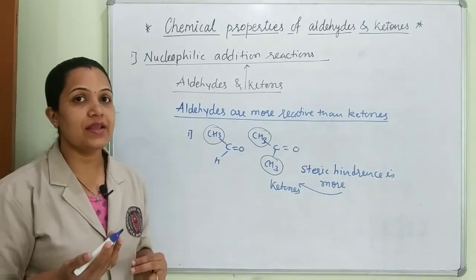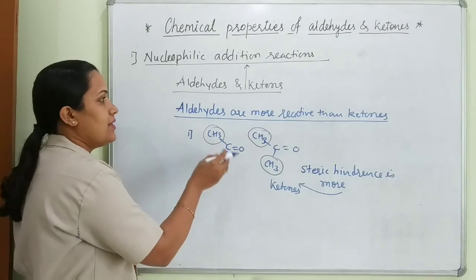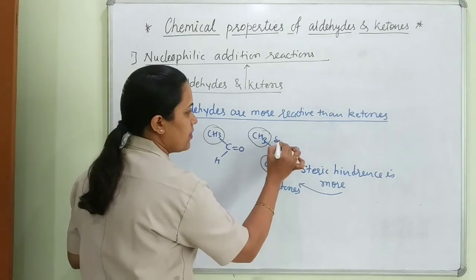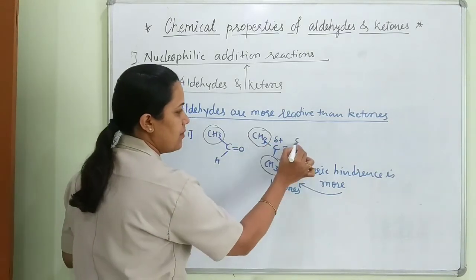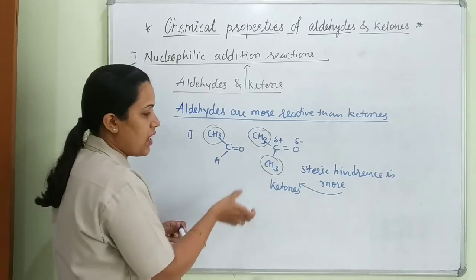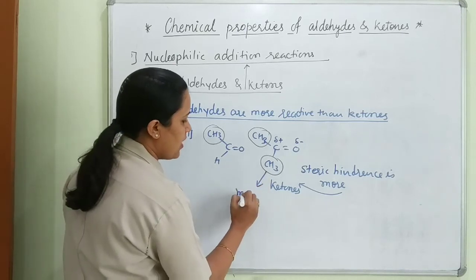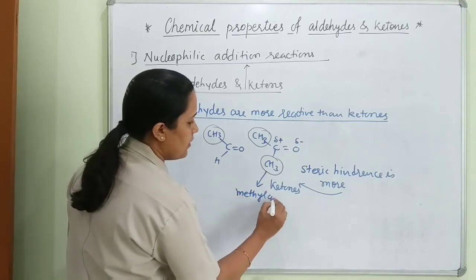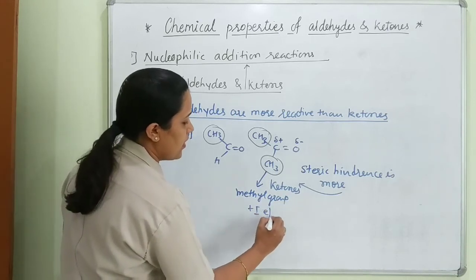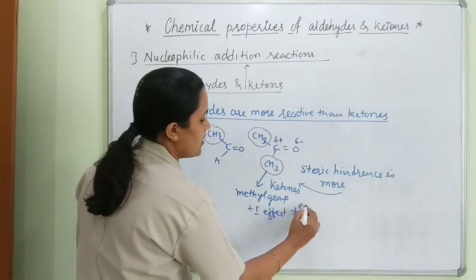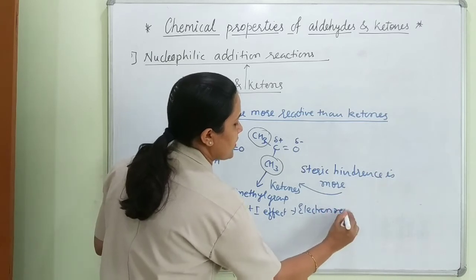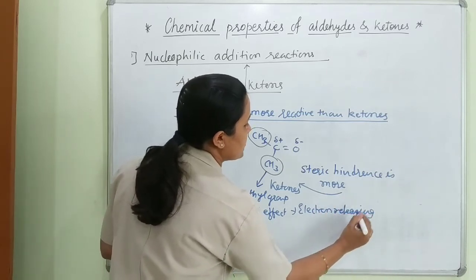Now how is this steric hindrance related to the reactivity? See, student, here on this carbon a partial positive charge is there, and partial negative charge on oxygen. Now due to the presence of more methyl groups, these methyl groups have a tendency, and that tendency is the plus I effect, which means an electron releasing effect.